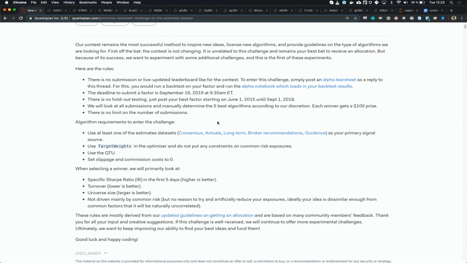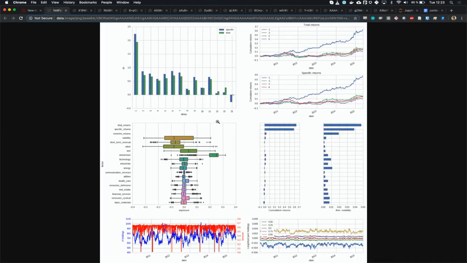The first tearsheet that I'm going to look at is that of Veridian Hawk. That was one of the earliest submissions and one that I think is illustrative to look at. Here you can see that there's actually some good first day alpha, an IR of 2.